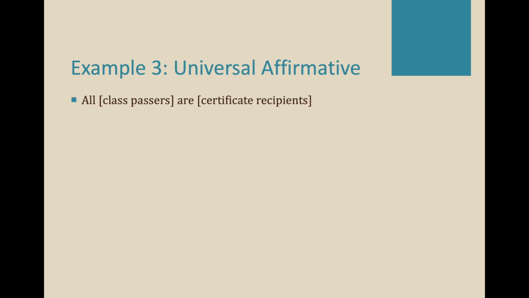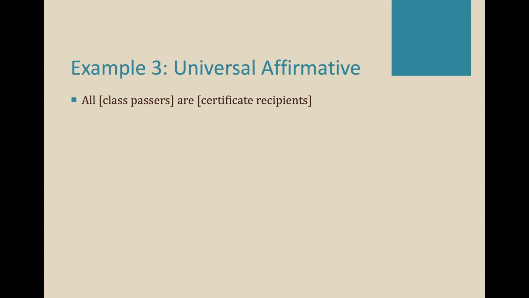So it would appear in standard logical form, in abbreviated form, as all class passers, or in other words, people who pass the class, are students who receive the authentic certificate from the legitimate authorities. Or in other words, all class passers are certificate recipients.